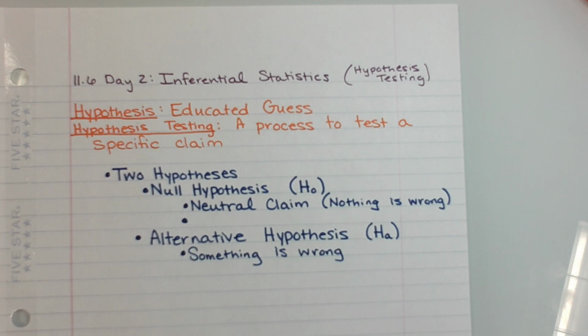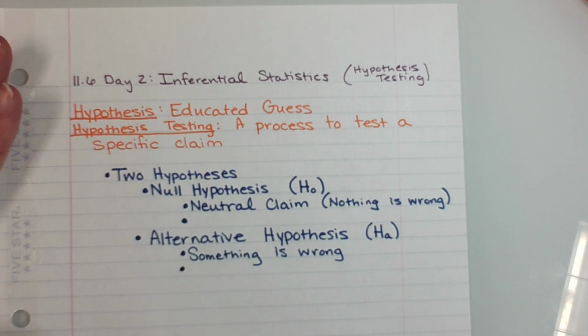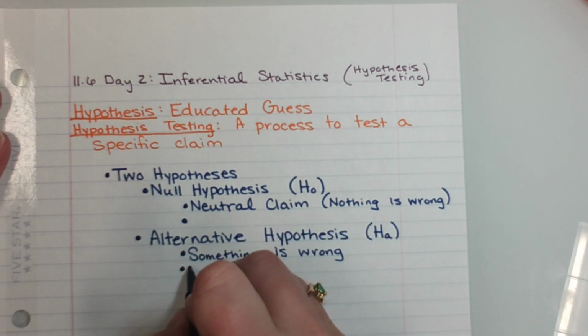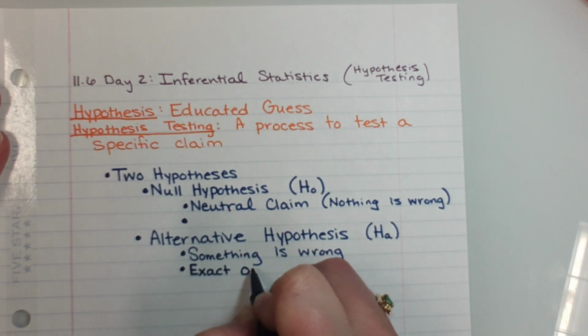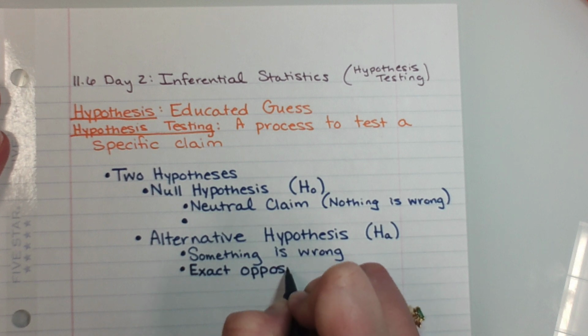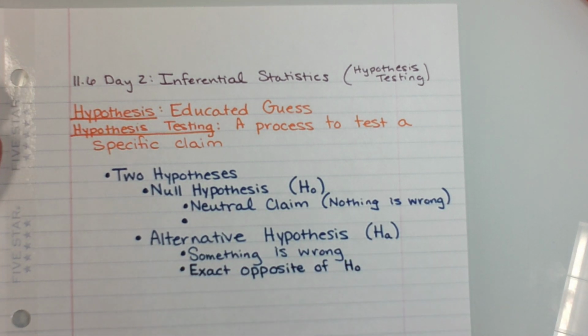It is not what you claim. Now, when it comes to these hypotheses, the null is that expert claim, the alternative is you saying they're wrong, and as a result, the alternative hypothesis is the exact opposite of the null hypothesis.